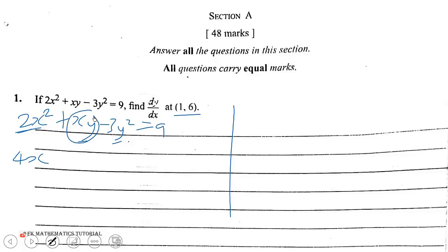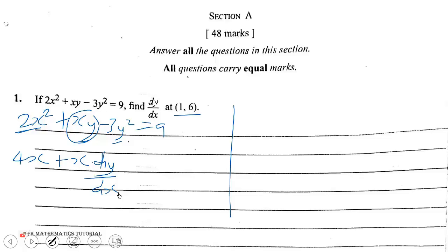So what we do is that we hold one variable. Let's hold the x first, then we differentiate the y. Differentiating y gives us 1, then multiply it by the dy/dx, because we have to indicate that we are actually differentiating with respect to x.